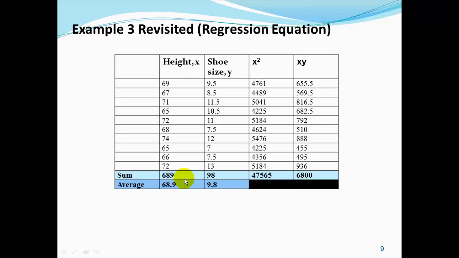Next, you should take the average of the first two columns, so you should compute your average x value and your average y value. Once you have completed this table, you will have all of the measures that you need in order to compute your B1 and your B0 values.